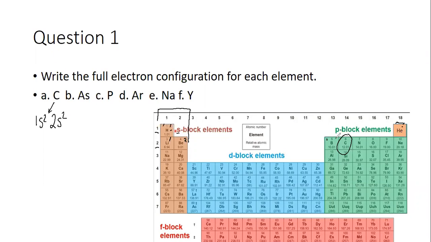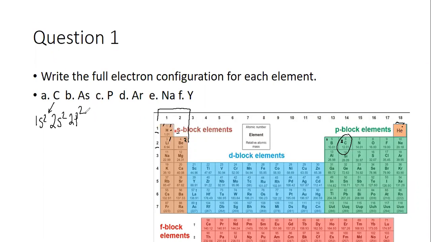Boron's in the second row, but now in the p block. So all of this green is the p block. Boron is the first element in the p block, so it's 2p1. And then we're finally at carbon. Carbon is the second element in the p block, so we call this 2p2. I'm at carbon, so I'm done with getting to my electron configuration, so I need to write it down.